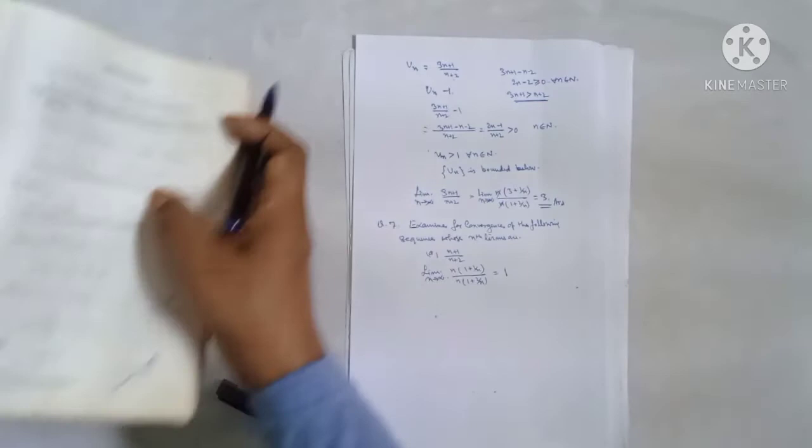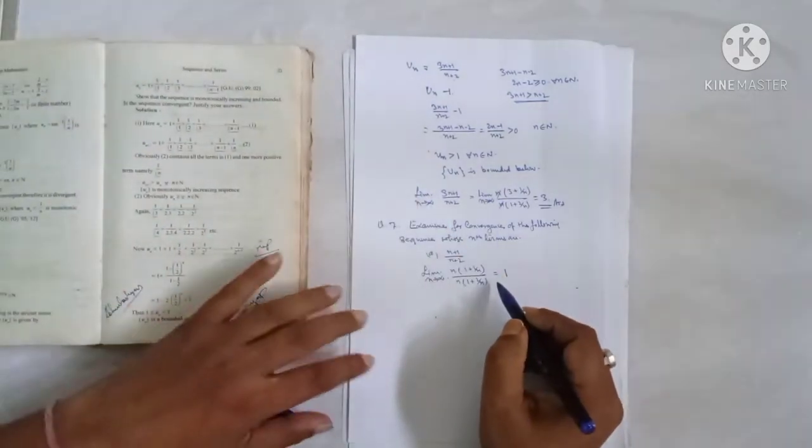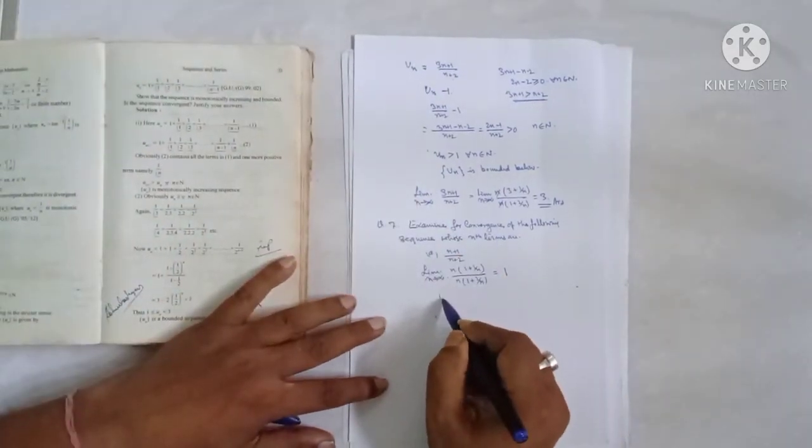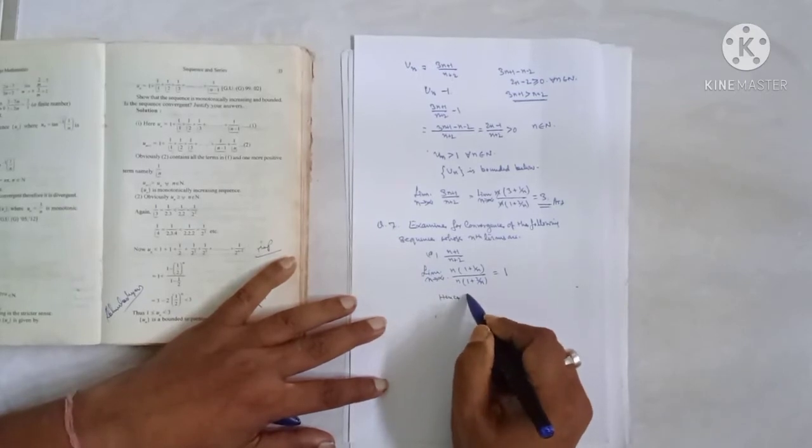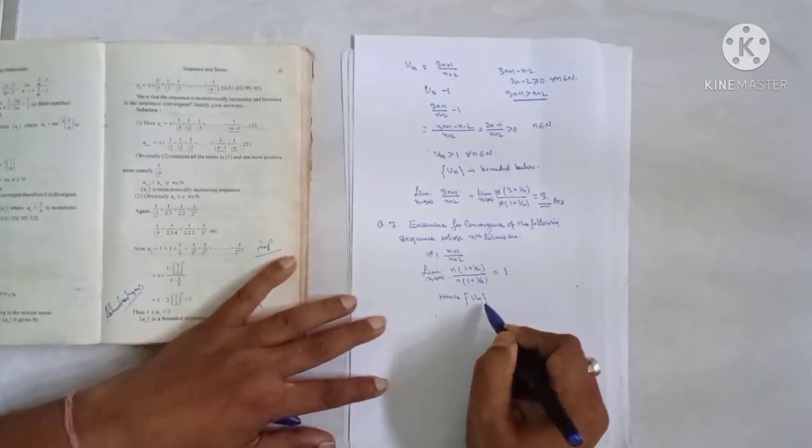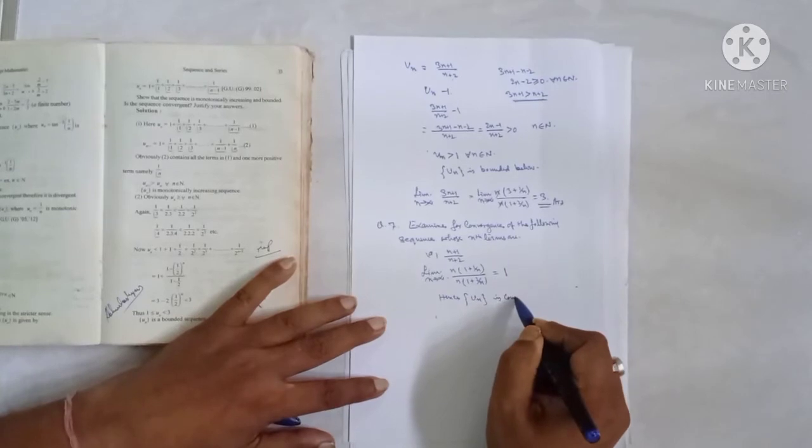So here, since we get a finite number, therefore un is convergent.